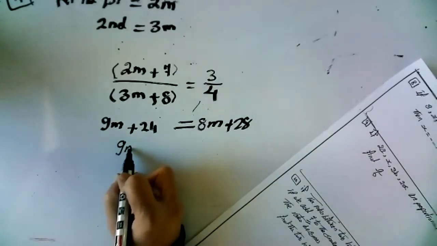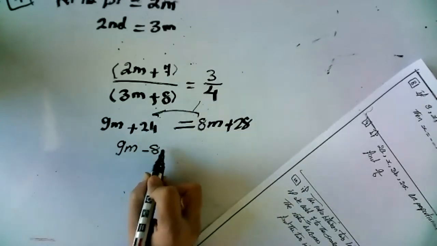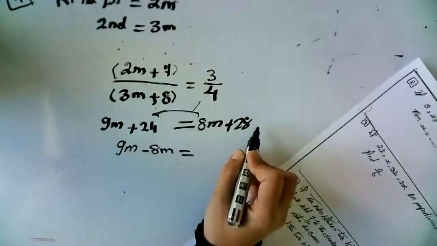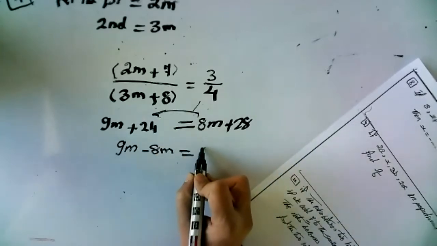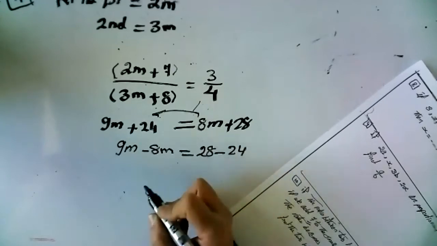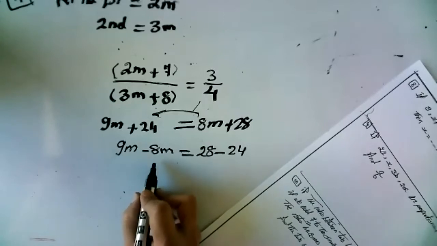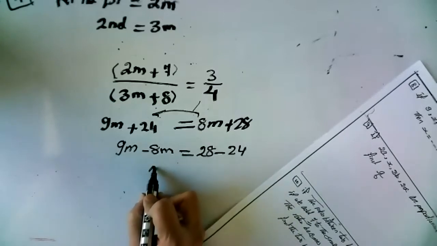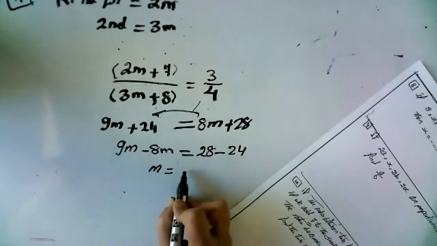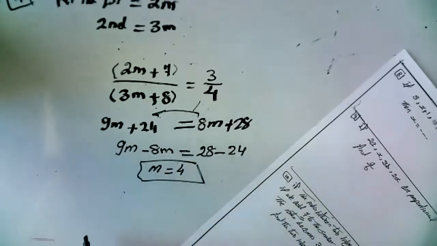9m minus 8m on one side and 24 on the other. Then you will subtract 8m from 9m, it will be m. 9m minus 8m is m, 28 minus 24 is 4. We got the value of m.